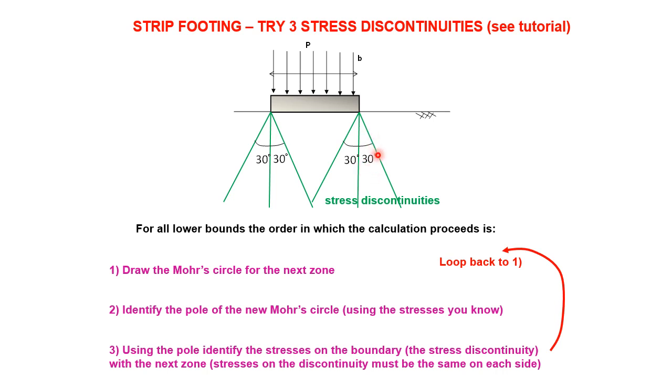You know the stresses on that discontinuity, so you can get the pole for this zone. Use that pole to identify the stresses on the next boundary, the next discontinuity, which will be that one, etc., etc. And you just keep going around until you get to the foundation. Okay, you have a go, and then we'll try it together.